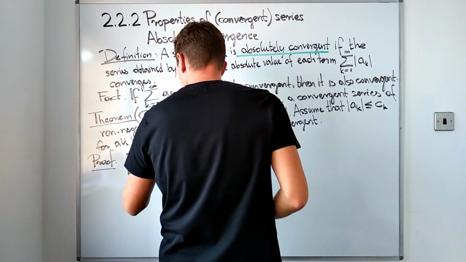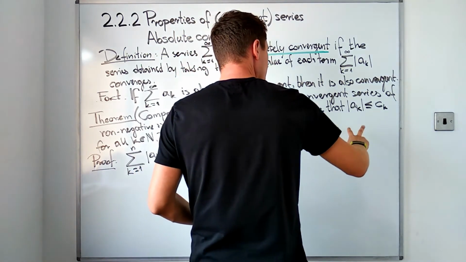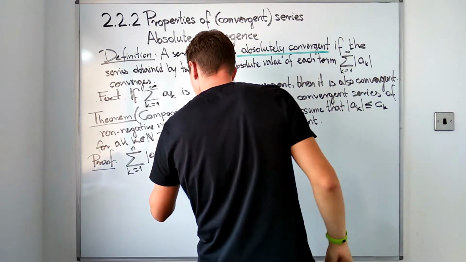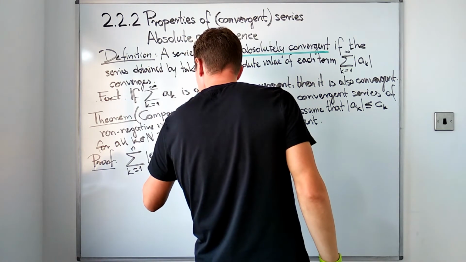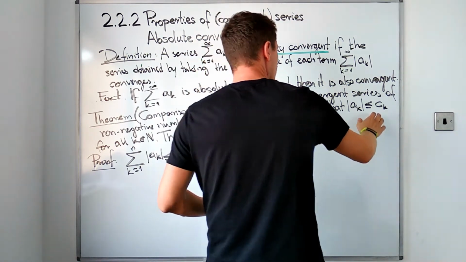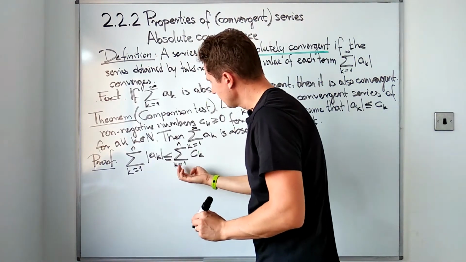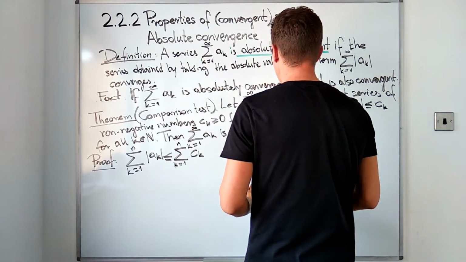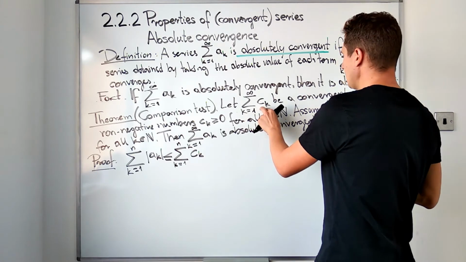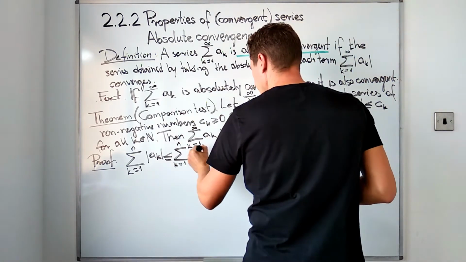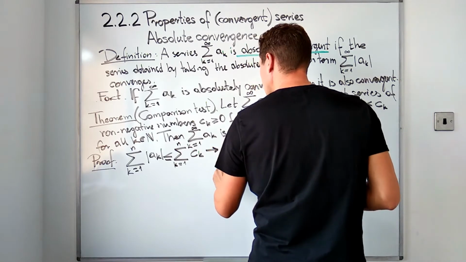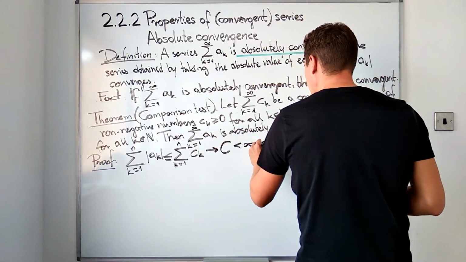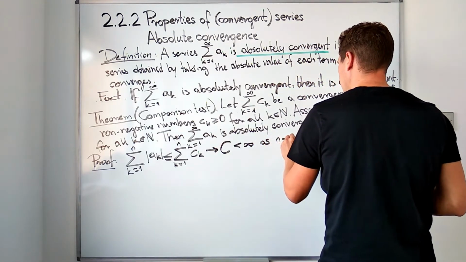Let's look at the nth partial sum, and what we can immediately do is give it an upper bound by taking each term and replacing it by the corresponding term in our comparison series. By this estimation, we get the nth partial sum of our comparison series, which we know to be convergent. So this tends to some number c, a finite number, as we take n to infinity.